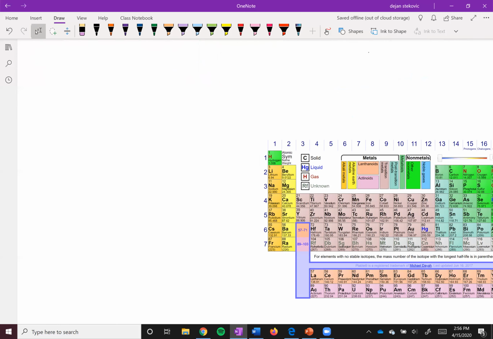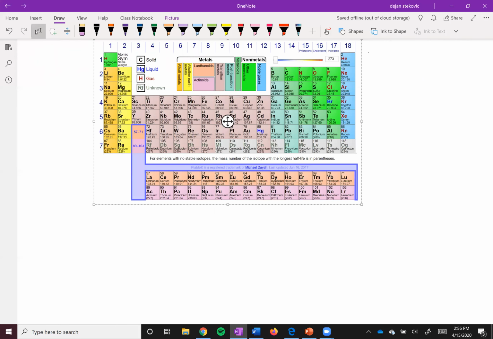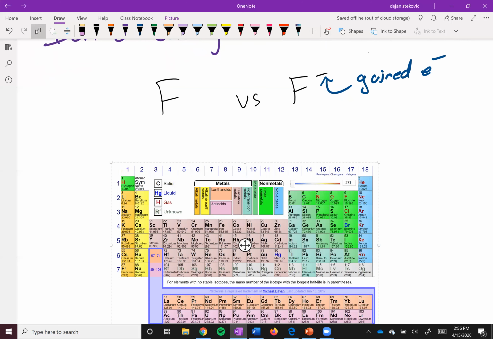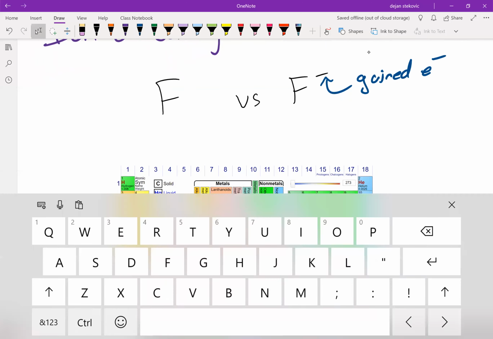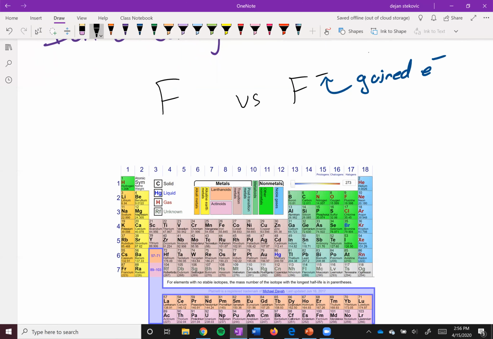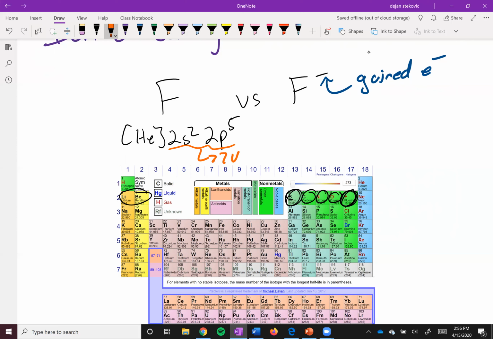So let's take a look at our periodic table so we can do the electron configuration for both of these. We have F right here, so we can say it's like helium, the noble gas above it, and then 2s2, and then 1, 2, 3, 4, 5, 2p5. There's the electron configuration, and we can see this has 7 valence electrons.